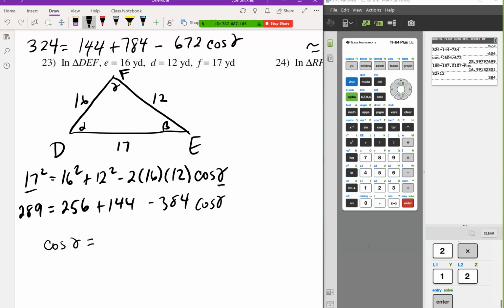All right, so in this case, we want cosine of gamma, so we'll subtract the 256 and the 144 over. If I do the 289 minus the 256 minus the 144, we get negative 111, and then divide by the negative 384.